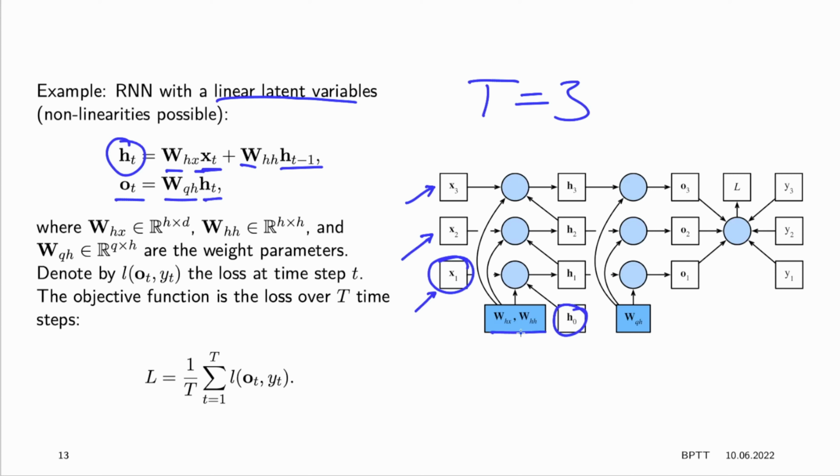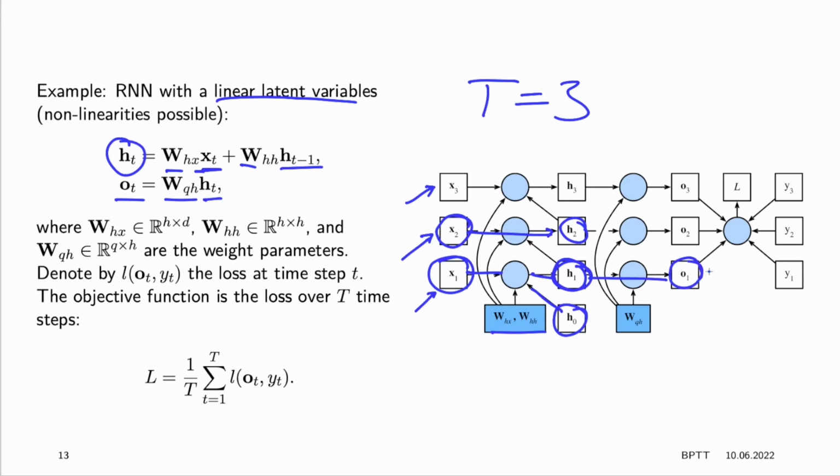Using the corresponding weights, we can combine these to linearly compute the first hidden state. Now this is combined with the next input to compute the next hidden state. At the same time, we also use this hidden state to compute the first output.